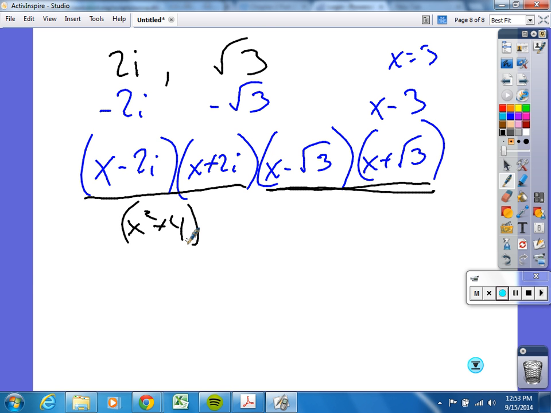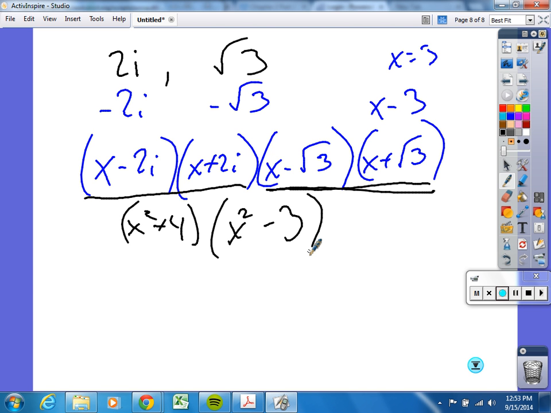Everybody there with me? Let's do this one then with kind of just thinking. X times x, x squared, minus 3, because it would be a negative times a positive, right? Yeah. And then root 3 times root 3 would be 3, because that's root 9, right?